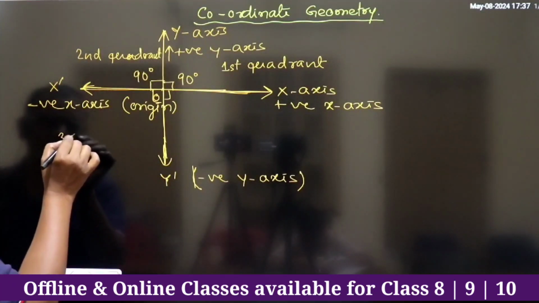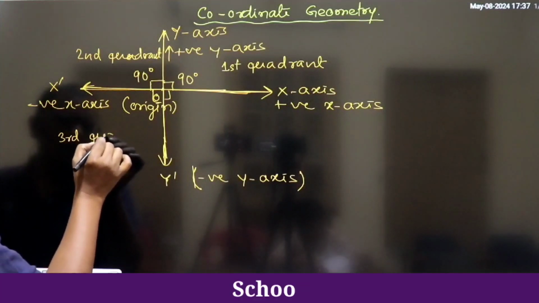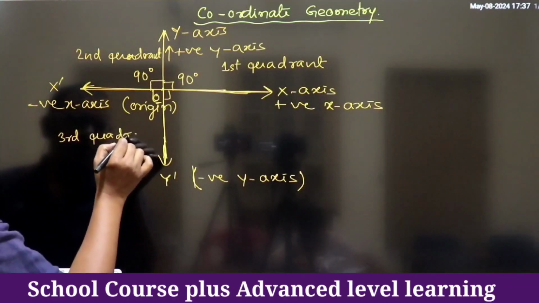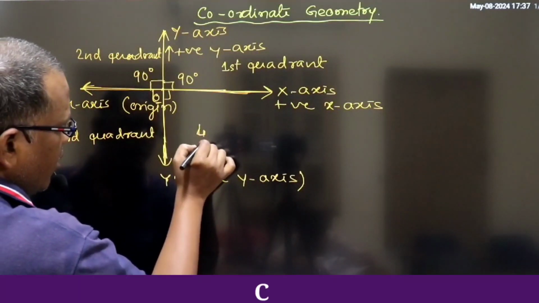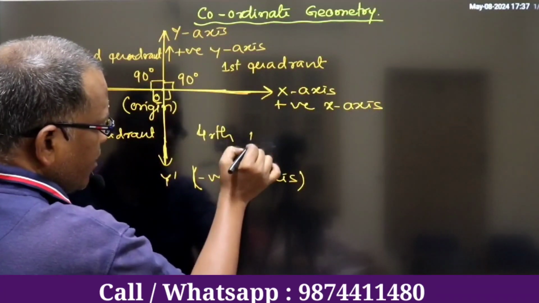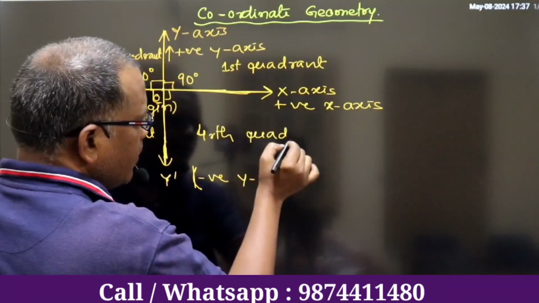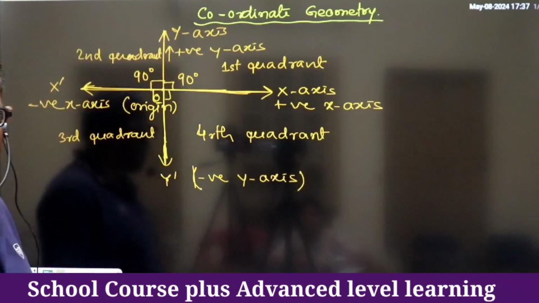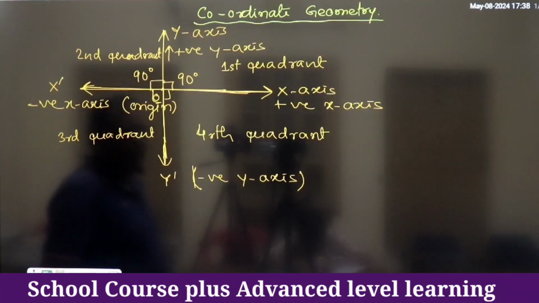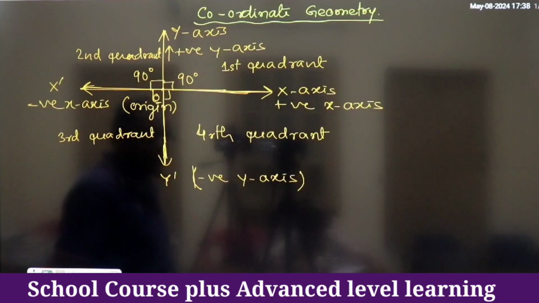This one is called the third quadrant. And this one is the fourth quadrant. Got my point? First quadrant, second quadrant, third quadrant and fourth quadrant.